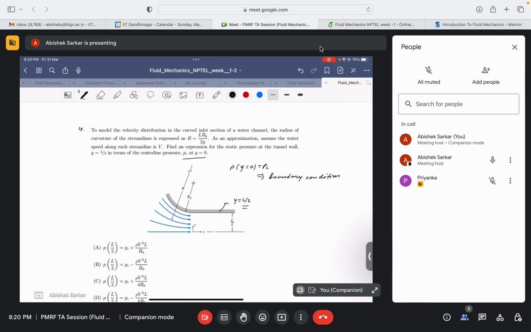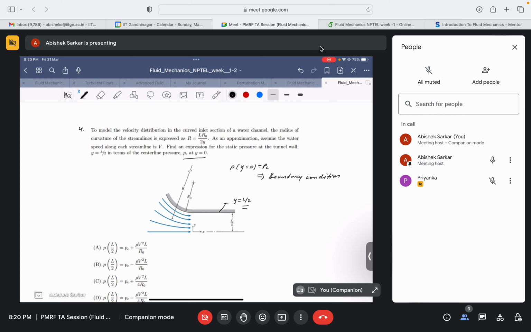What is R here? Capital R. Radius of curvature of the streamline. Yes, that's correct. Keeping that in mind, you can obtain the centripetal acceleration term, considering the normal direction of the streamline.